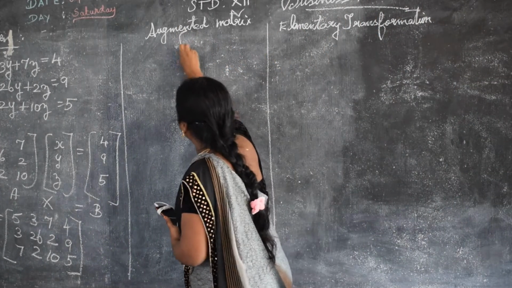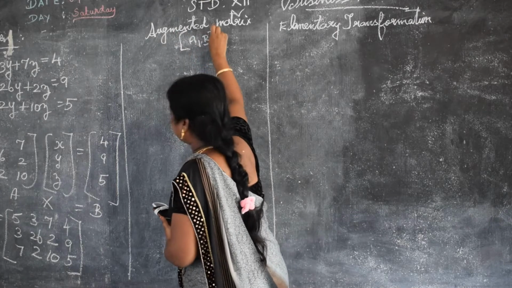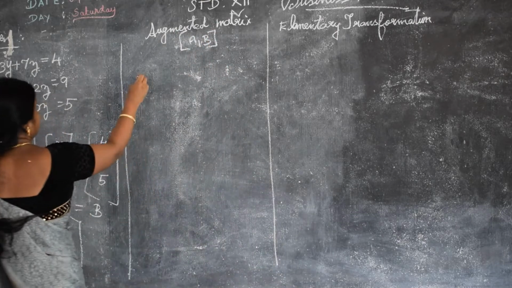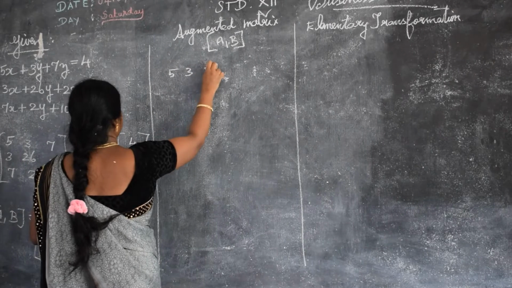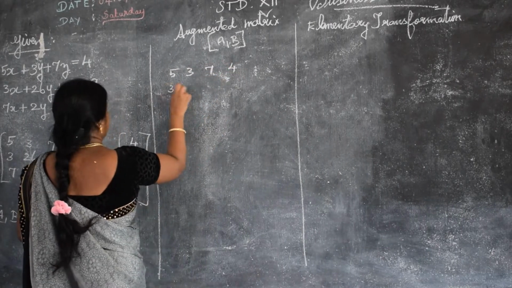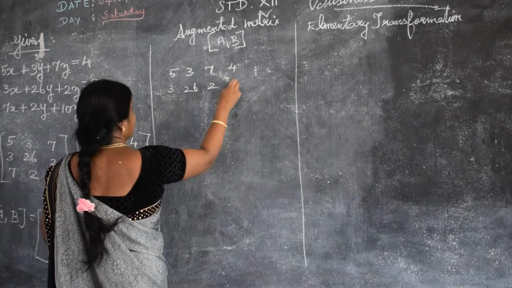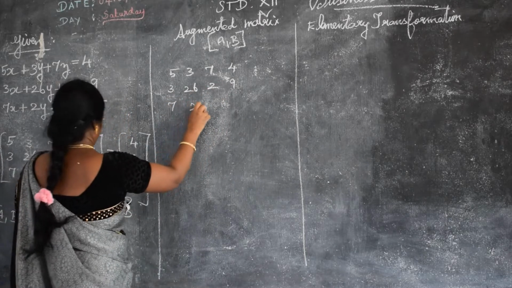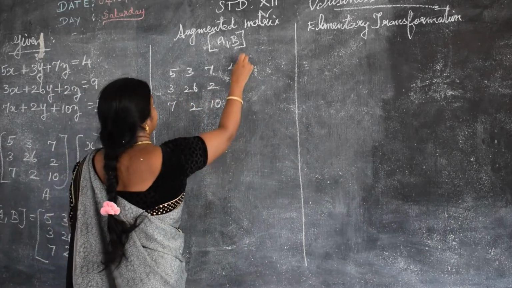What is our augmented matrix AB? 5, 3, 7, 4, 3, 26, 2, 9, 7, 2, 10, 5.